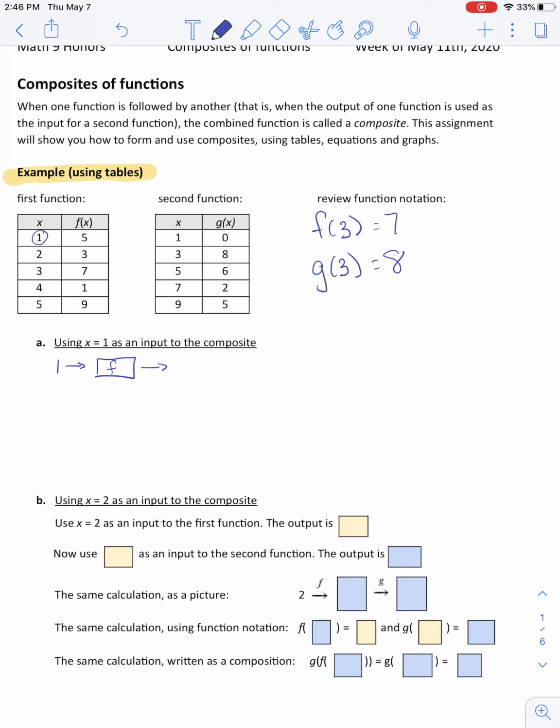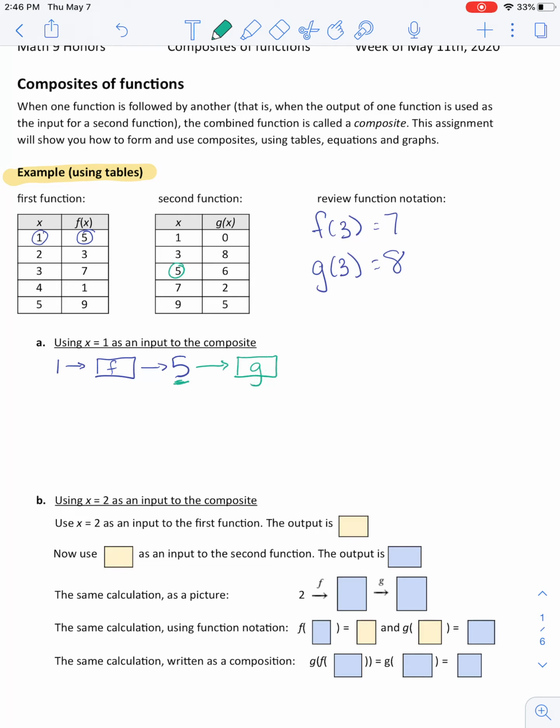Here's 1 going into the f function. 5 is coming out. So then what we want to do is we're going to now use this output, the 5, and that's going to be our input into the function g. So we look at our table.